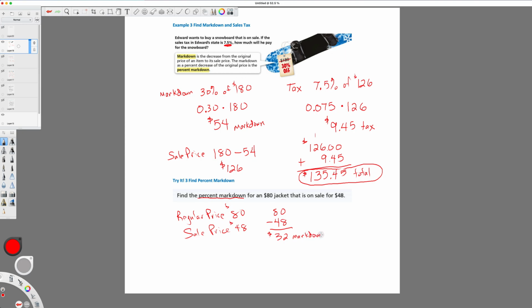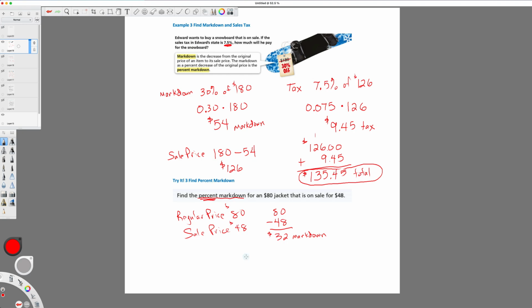But the question is wanting to know the percent markdown. Well, the percent markdown is this $80 was lowered a certain percent, and that affected it by $32. So I'm needing to know what percent is 32 of the 80 regular price.